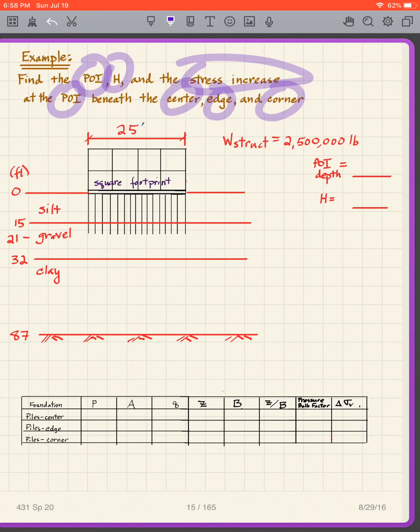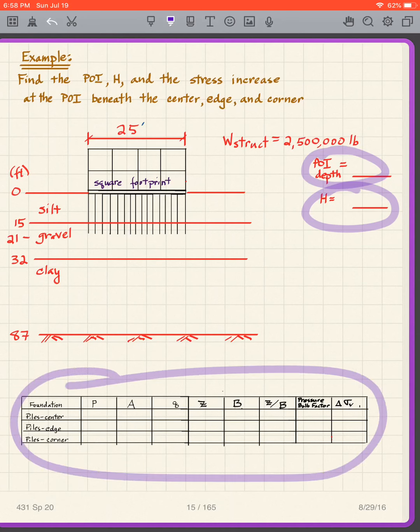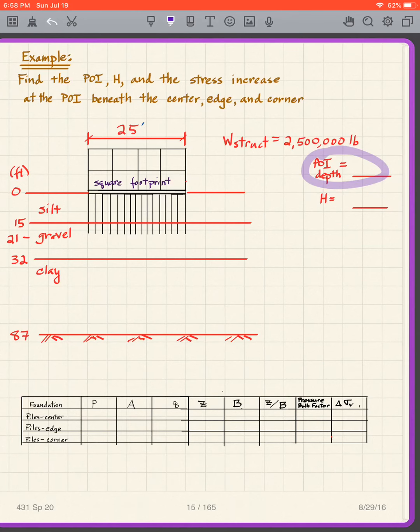So we're going to do all 3 points, and you have to start out by first finding the point of interest depth, the H, and then you're going to fill in this table like we did last semester. So I want you to pause the video here and fill in this table.